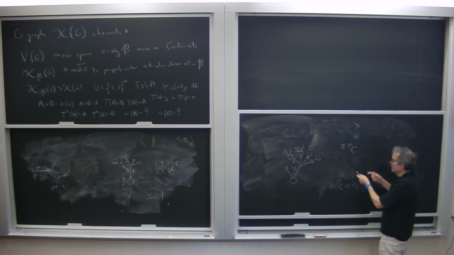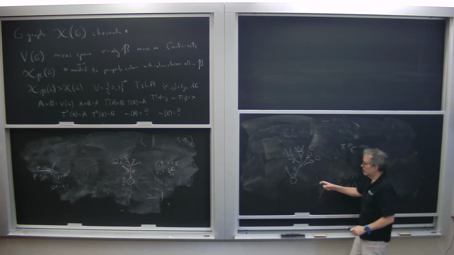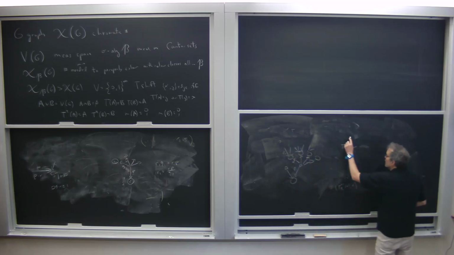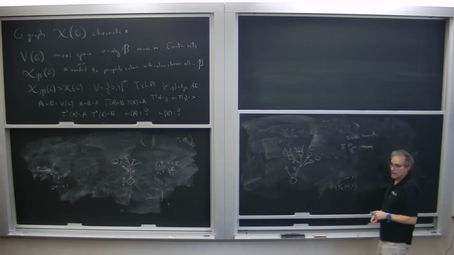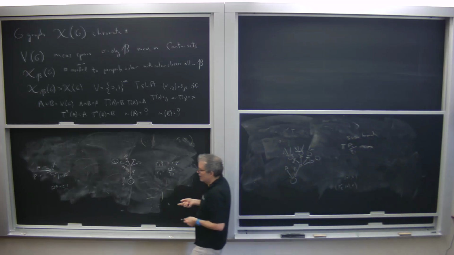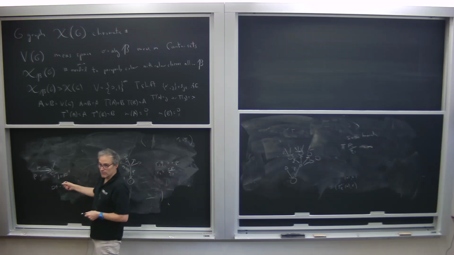Not that this goes to infinity, but if you can argue that some branch going up goes to infinity, then you've won, because that means this situation is not sustainable.